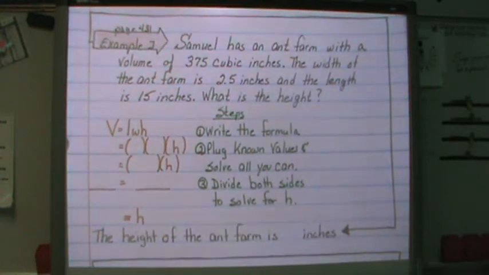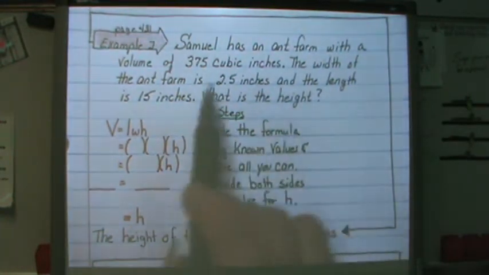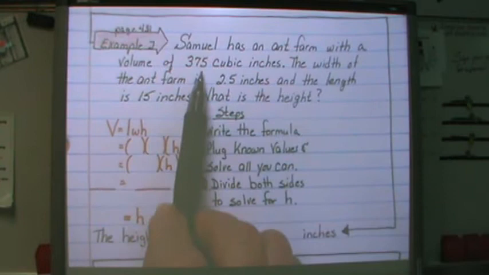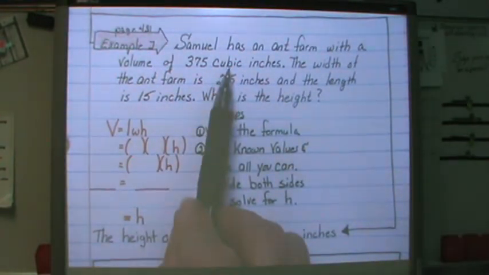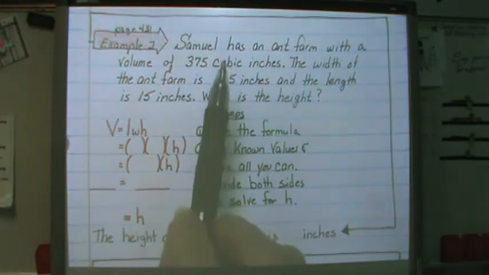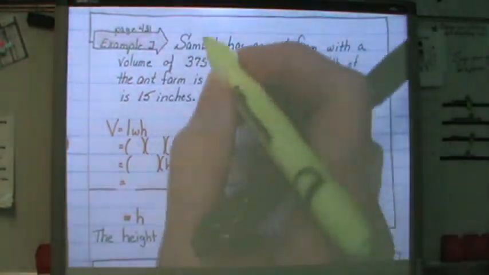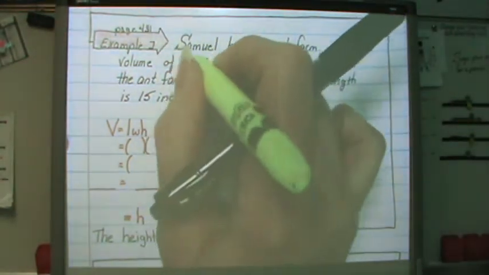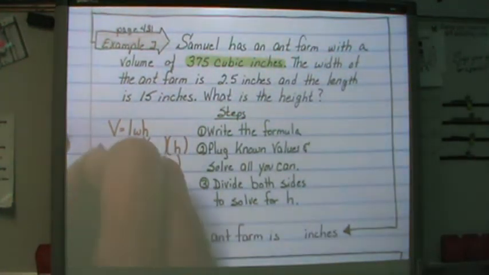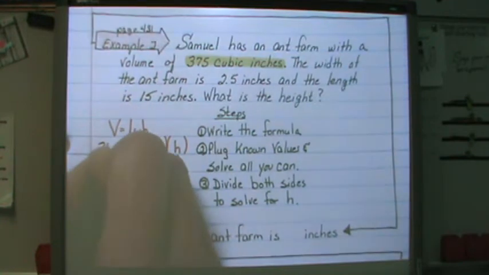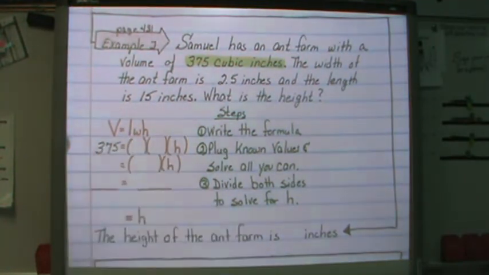So let's work on this. Samuel has an ant farm with a volume of 375 cubic inches. This is cubic, so I know this is my volume. So that gets plugged in for my V. Okay?